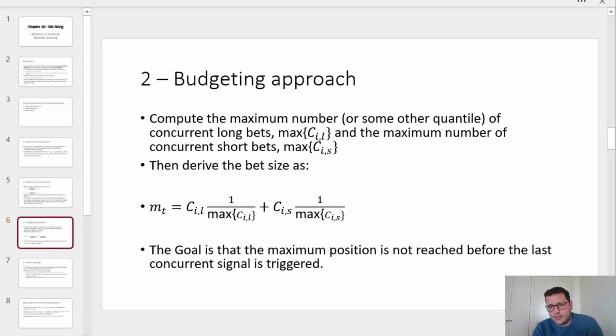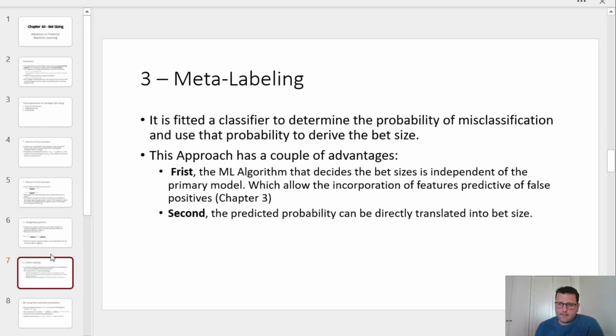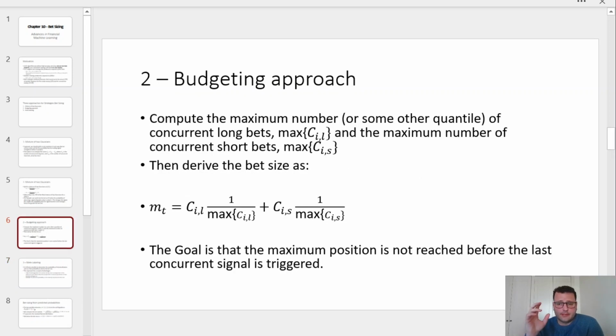So we should follow this model here to make our bets. The bets can be greater until the last concurrent long position is reached. So that's the budget approach.